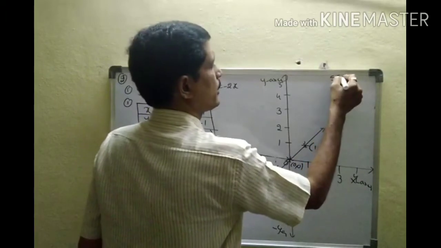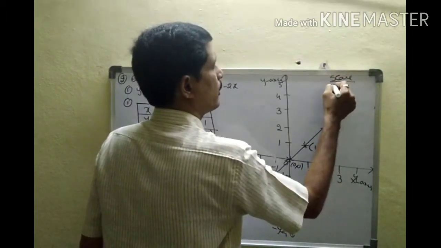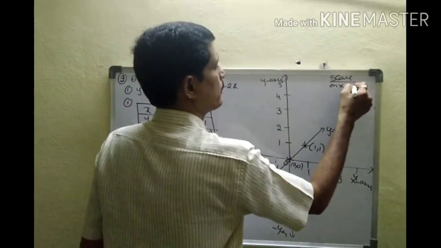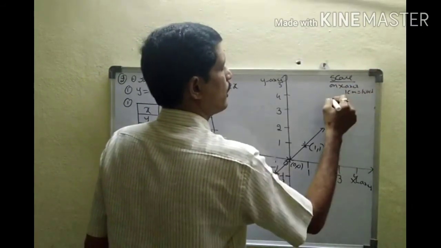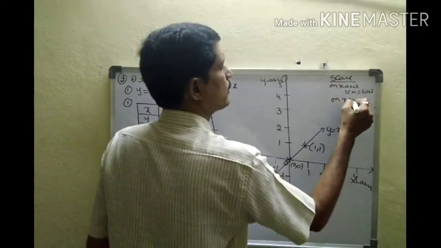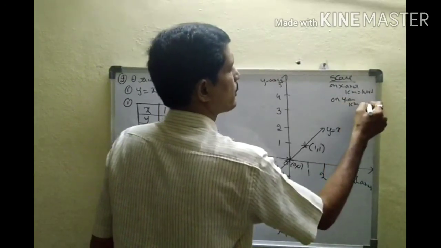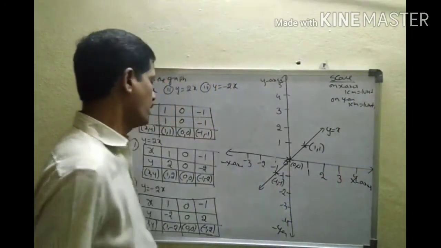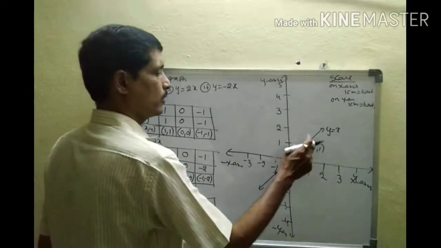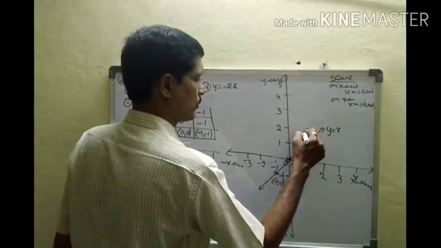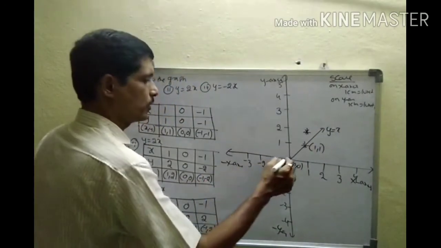Write a scale on x axis 1 centimeter equal to 1 unit. On y axis 1 centimeter equal to 1 unit. Okay, next one, second one, 1 comma 2. Here 1, that is 2. Next here 0 0.